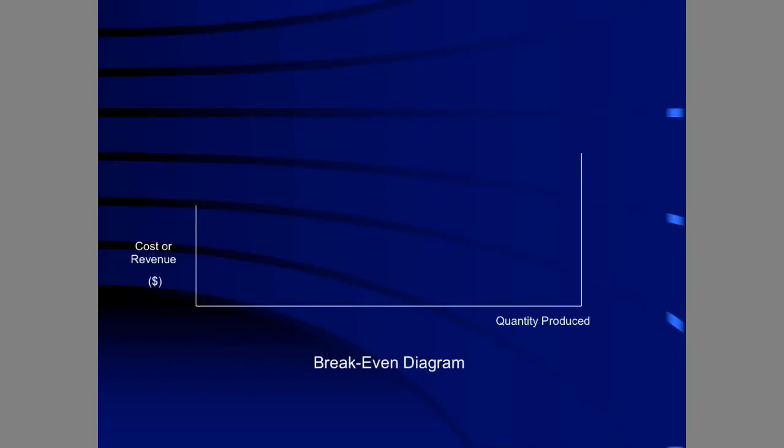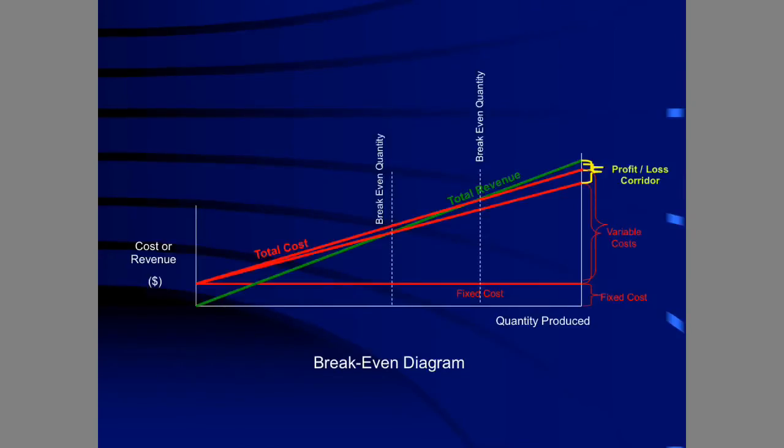And so if we have costs or revenue and we have the quantity produced, there's eventually going to be a break-even point where our revenue coming in is going to at least cover our costs. So for example, anytime somebody's starting a new business, or starting a new service, initially we're not at that break-even point. So we always have to determine what is that breaking point.